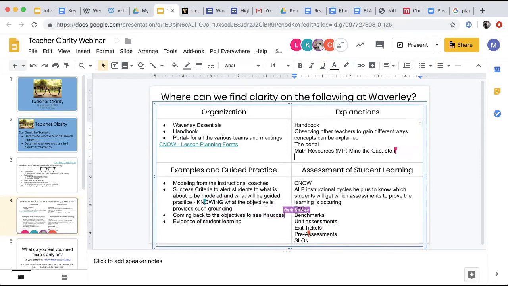Then for maybe reading, it would be like the, what is it, the continuum, something like that. Student learning, rigor, and clarity.